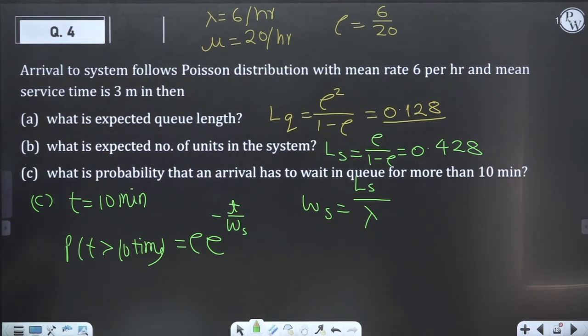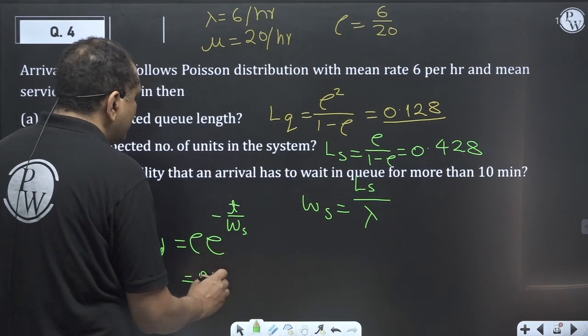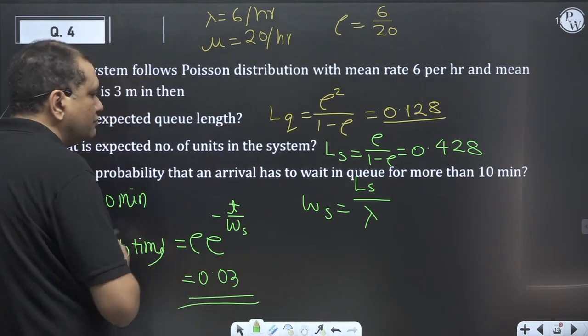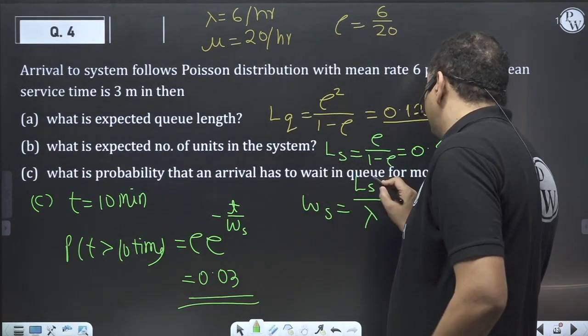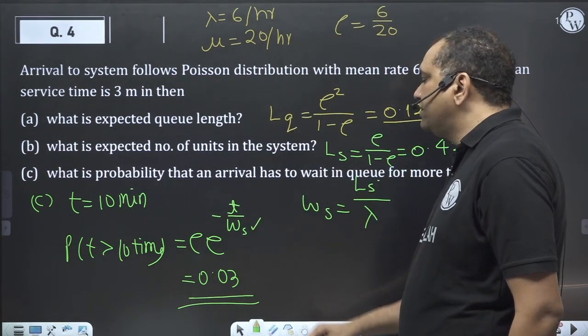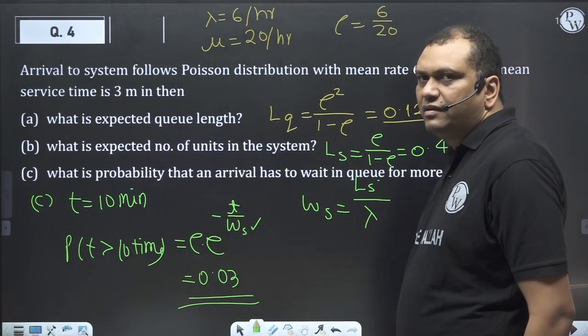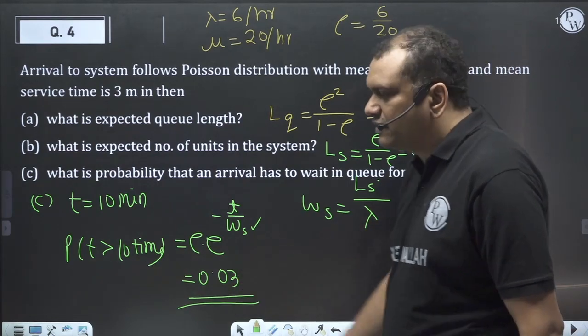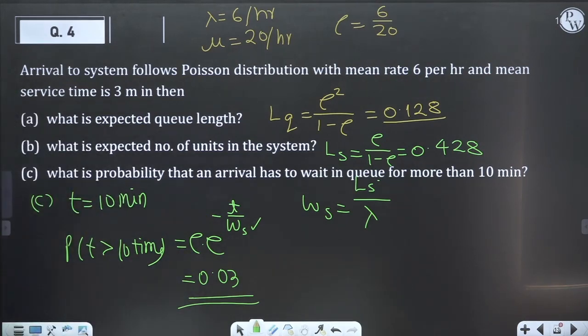So you know everything. The probability that the arrival has to wait in the queue for more than 10 minutes is 0.03. Although it's a queue, still it will be WS, it will not be WQ. Only thing is that it will be multiplied by rho, the traffic intensity. Rest, everything will be the same.